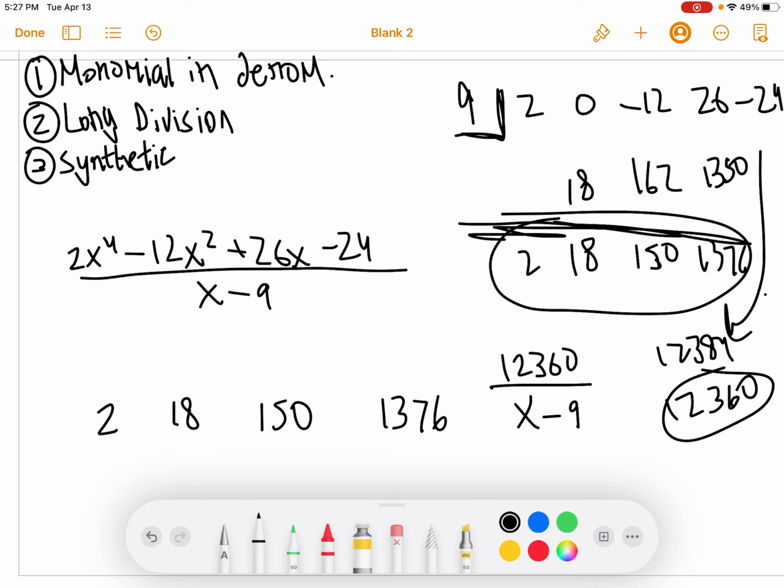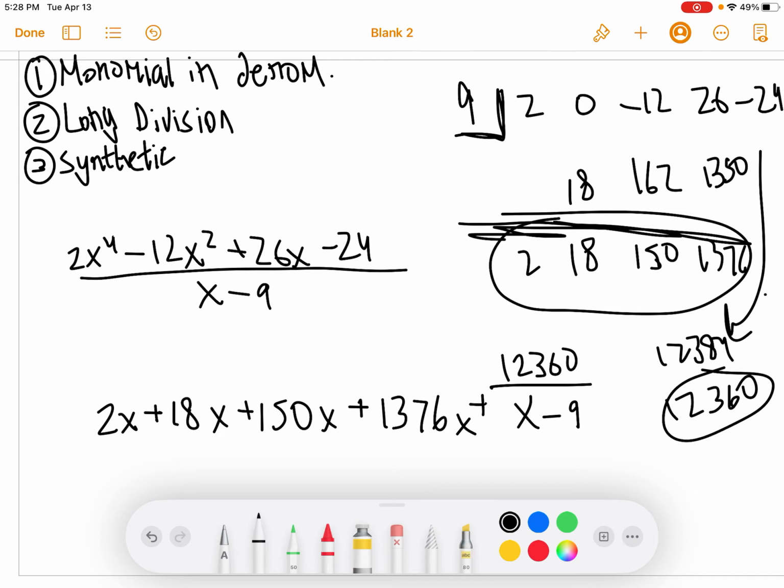You need to add x's to these, but they all ended up being positive, so we'll just add pluses. Now we need to add x's, and the exponents that we put on there are going to be 1 less than what's on the top.